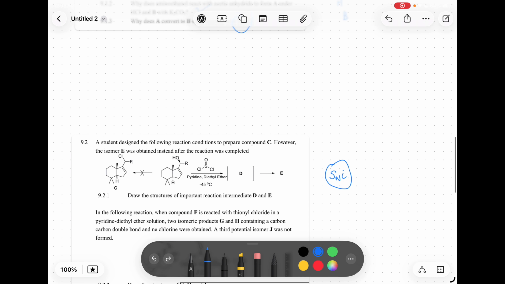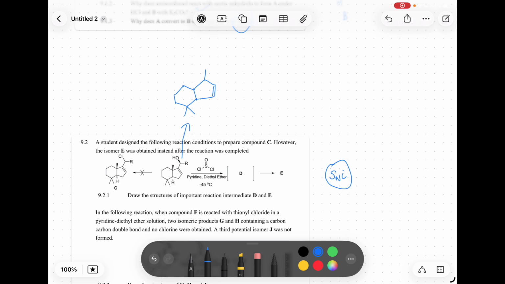So the first step of the mechanism is the same, because you have a nucleophile here, you have an electrophile here, so that's probably the only way that the first step can take place. So the first step is going to be something like this.